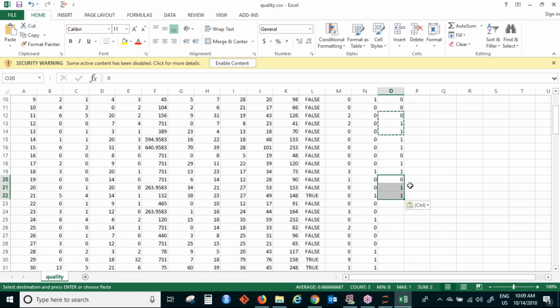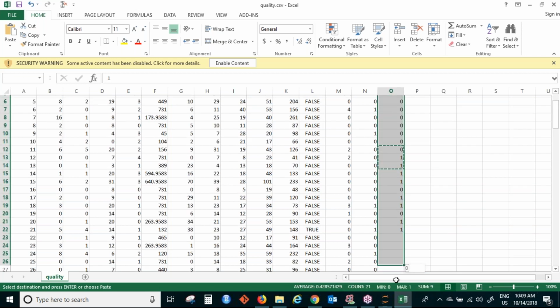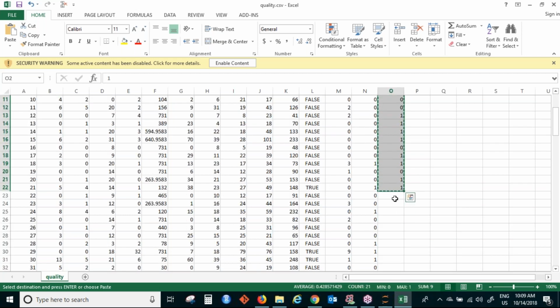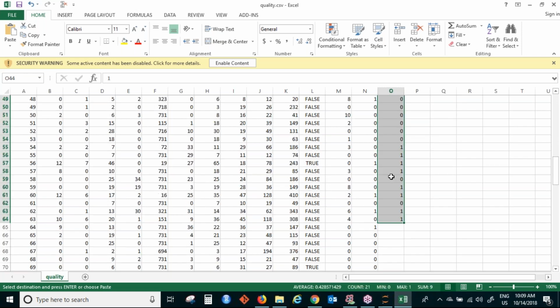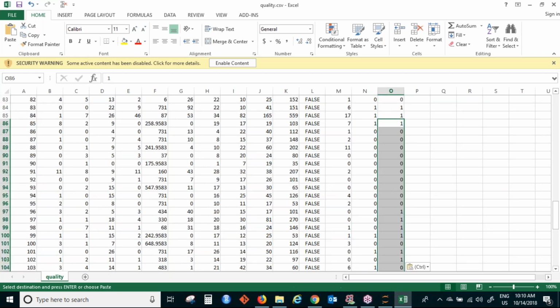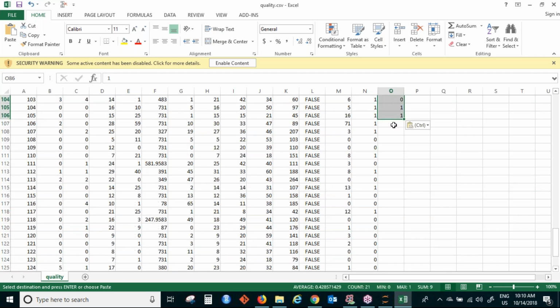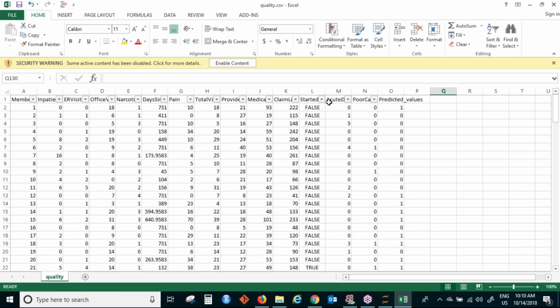Okay, so let's say I have a bunch of ones and zeros here. Let me paste it once again so that I have filled all the rows. Okay, so I have filled all the rows. So I have my actuals, I have my predicted values.